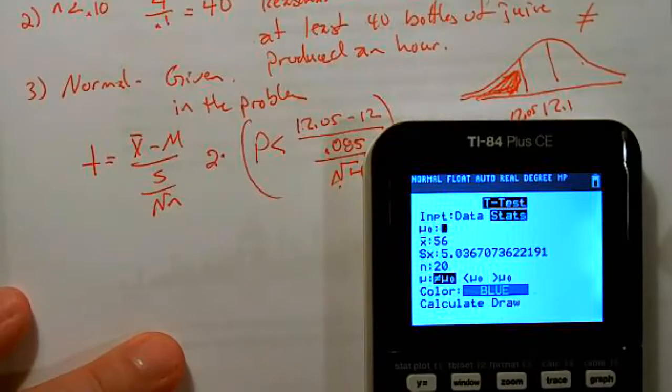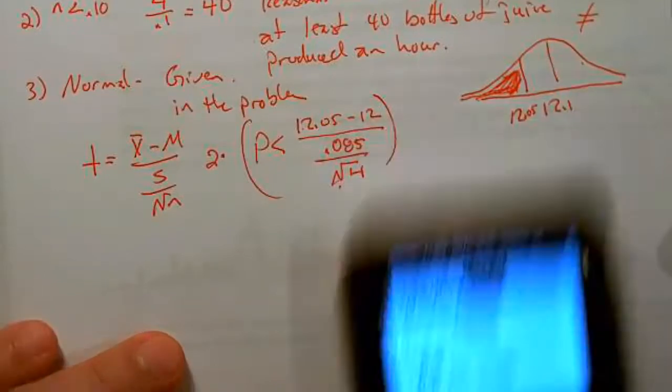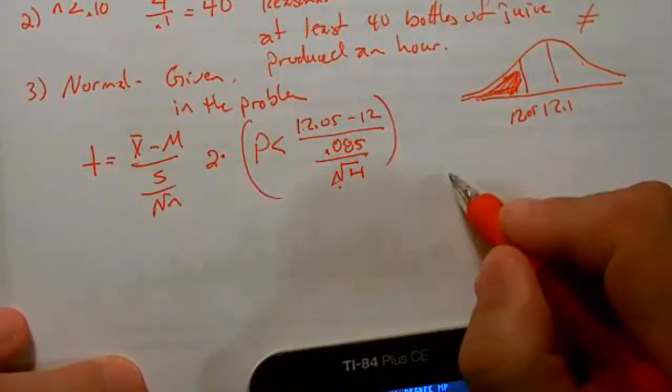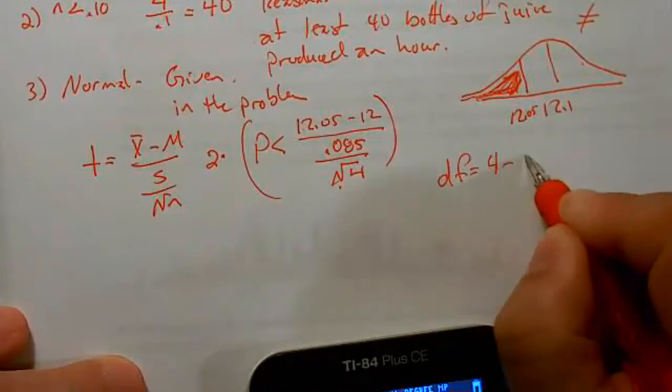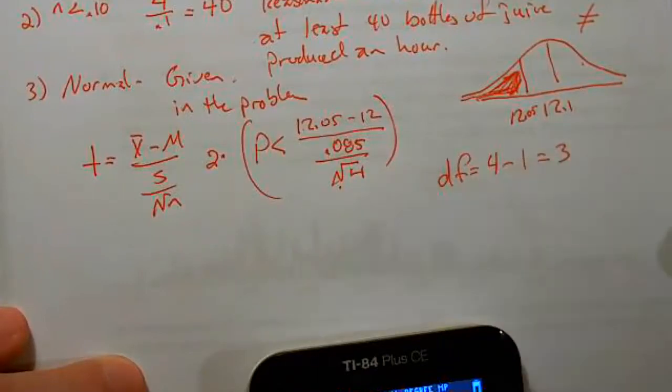Our mean is 12, our x bar is 12.05, our standard deviation is 0.085, and our sample size is 4. This is not equal. And by the way, I forgot to address this. Degrees of freedom is 4 minus 1, which equals 3.